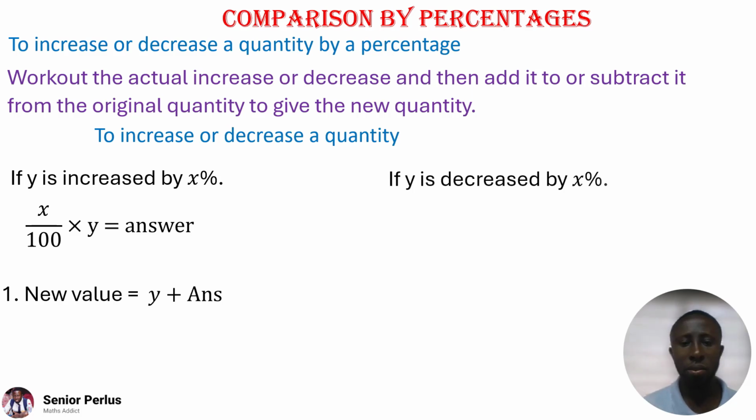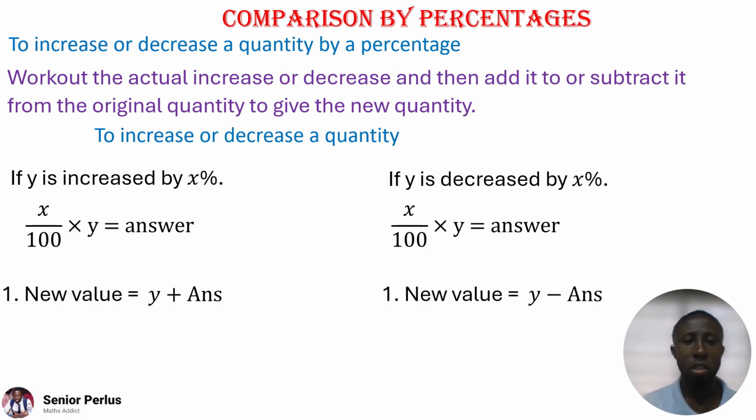The same applies to the decrease, the same formula: s out of 100 times the quantity. Having got the answer, since it's decreased, you just subtract it from the original to get the new value. Very simple. If it is an increase, after working out, you add to the original value. Decrease, you subtract from the original value.